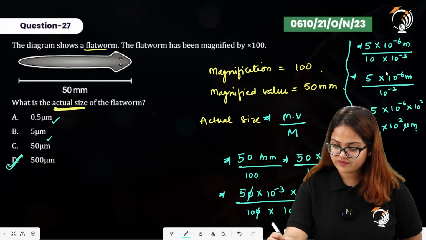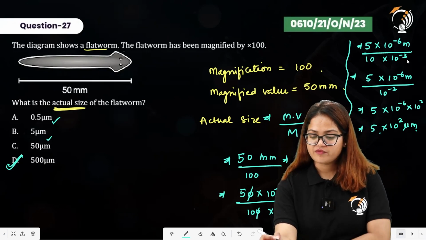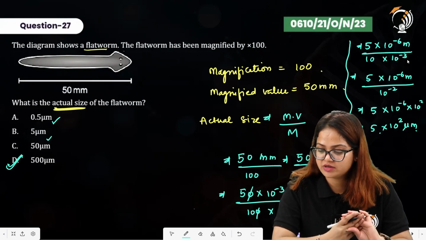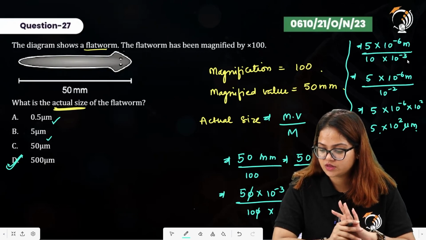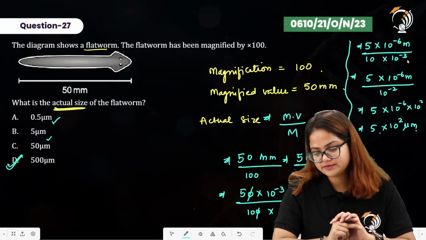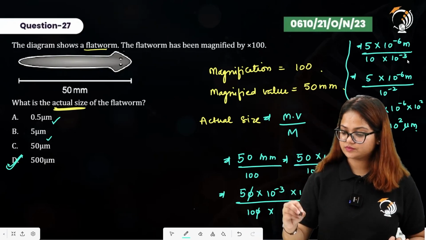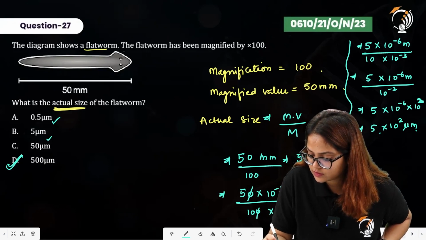On division we have 10 into 10 to power minus 3. So this comes out to be 5 into 10 to power minus 6 meter in the numerator, and in the denominator it comes out to be 10 to power minus 2. Alright. Yes, this is the correct answer over here. Alright.